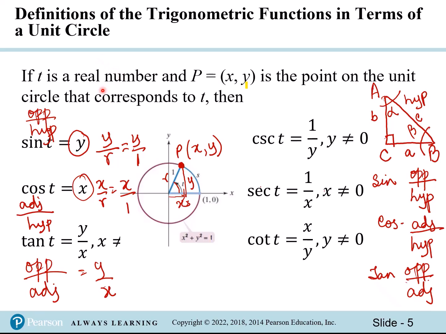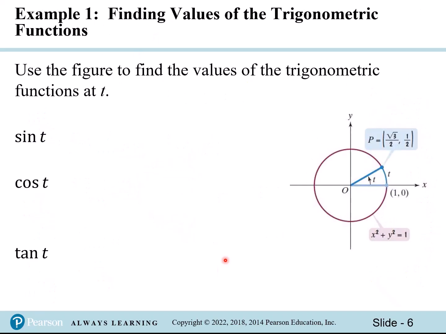Let's work on an example now to find the different trigonometric functions of a central angle along a unit circle. How do I know this is a unit circle? This equation here tells me it's a unit circle. How? It says x squared plus y squared equals 1. So r squared here has a value of 1.